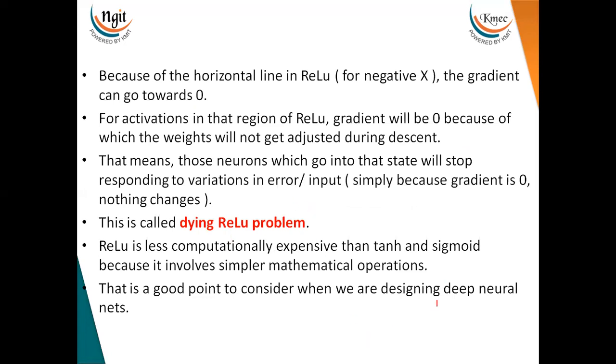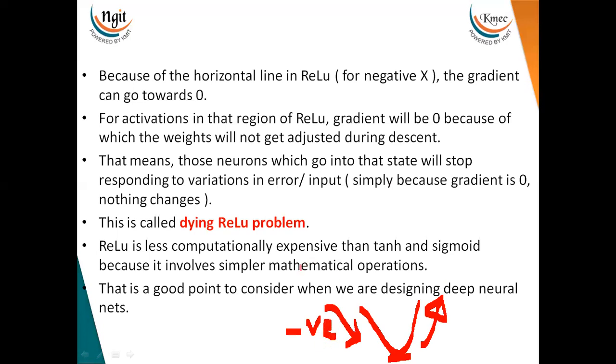Now, listen. When we are considering gradient descent, gradient descent means what? We are trying to find the local minima and global minima. Whenever I'm going for a minimum value, I may have a decreasing slope or an increasing slope. Whenever I have a decreasing slope, I may need negative values.